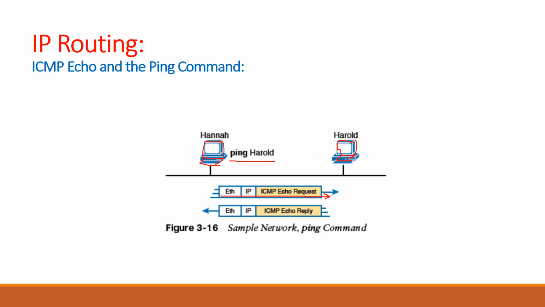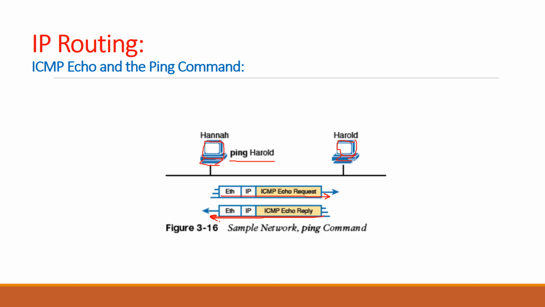If Harold can reply, and the ICMP echo request is delivered successfully to Harold, Harold will reply using an ICMP echo reply. Then it means the connectivity between the two hosts is correct and successful.